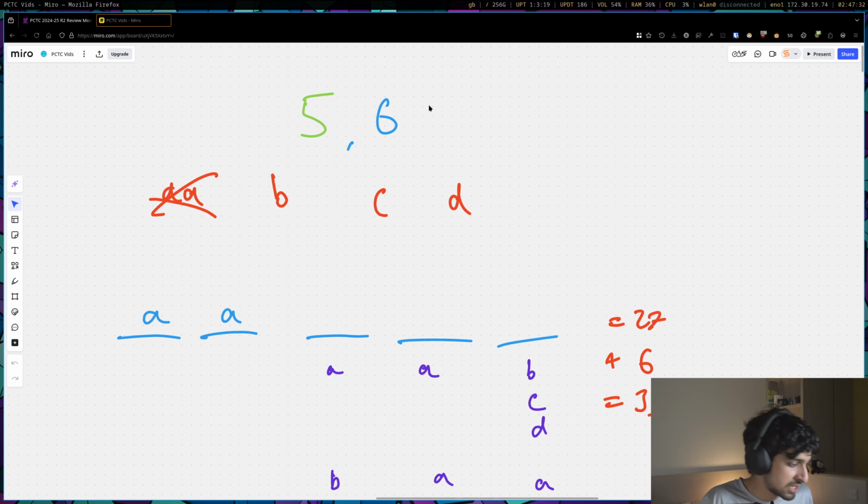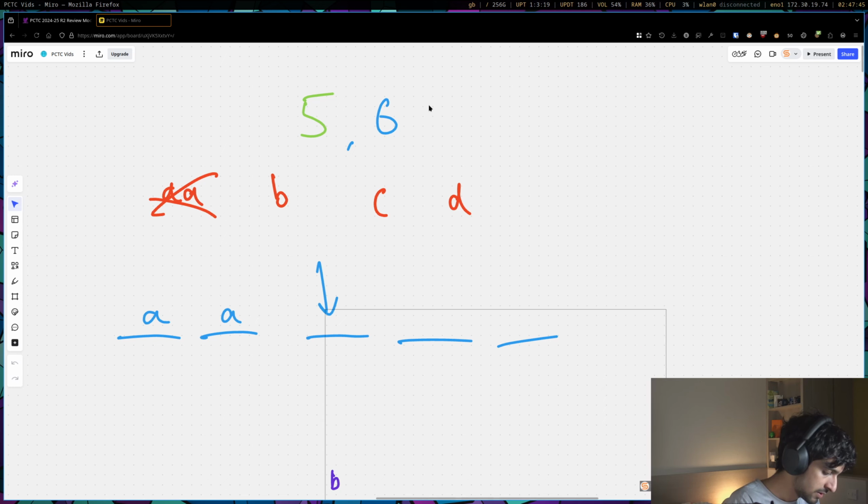Now the next question becomes, what goes here? Would we go another AA, another B, C, or D, or whatever? But we just apply literally the exact same logic that we just did. But now let's complete this question. So what goes there? Let's assume that we want to put a B there. Well, again, if you put a B, we just skipped all the AAs.